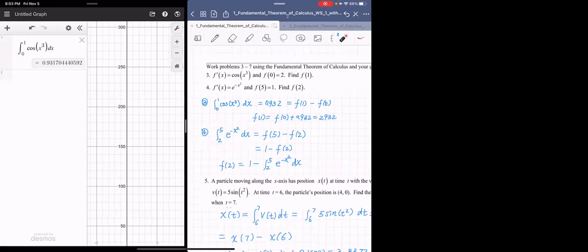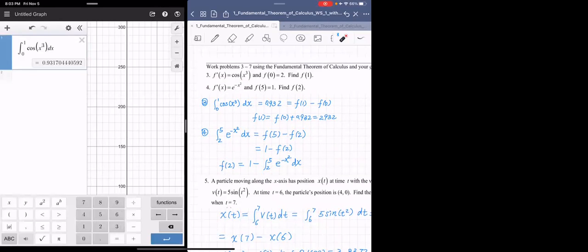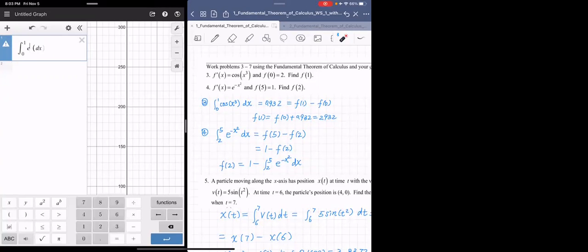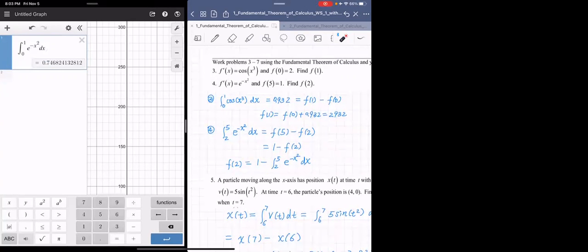Yeah. So you can go ahead and type in e to the power of negative x squared. Okay, so you got this. And then f of 5 minus f of 2.